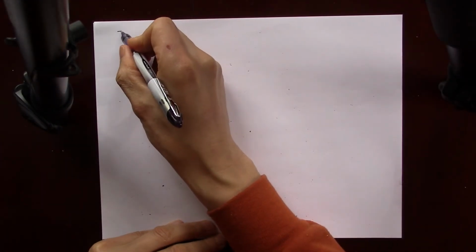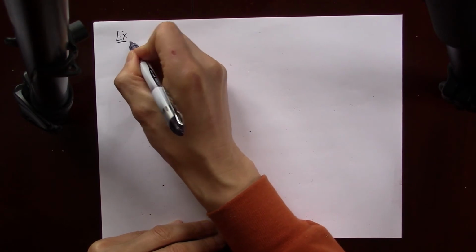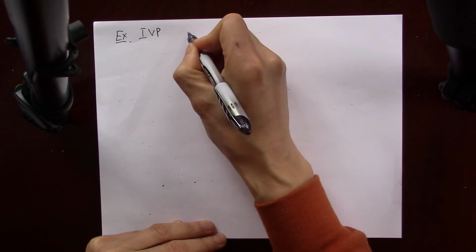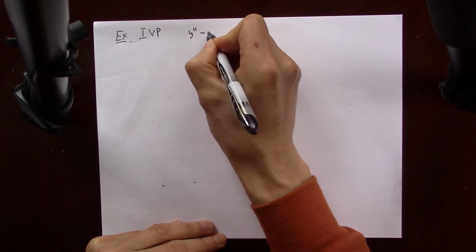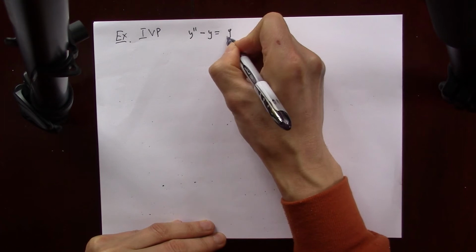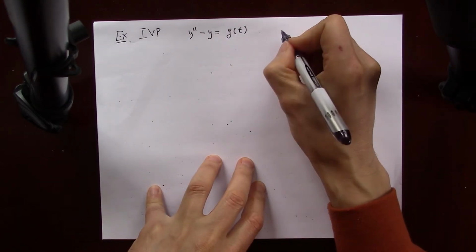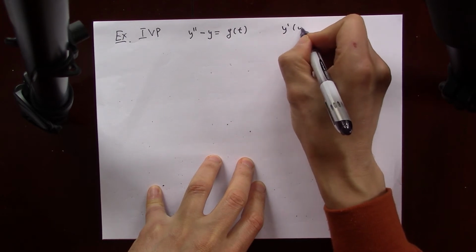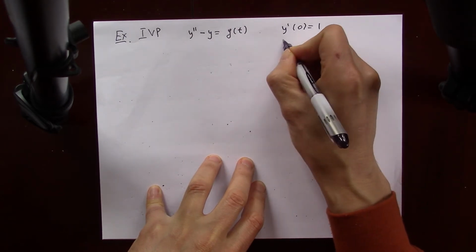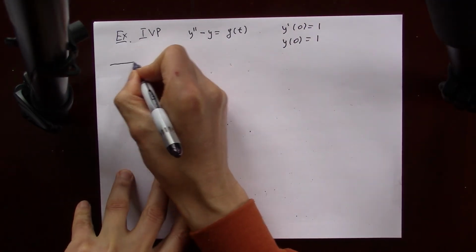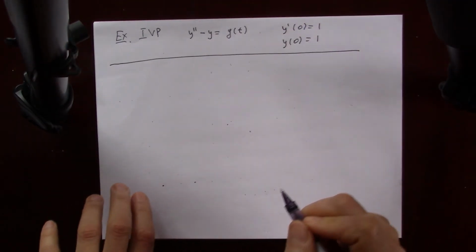If we have the following initial value problem, so we have the second derivative of y minus y equals a function of t, function g, where y prime of 0 equals 1 and y of 0 equals 1. Okay, so we want to solve that initial value problem.